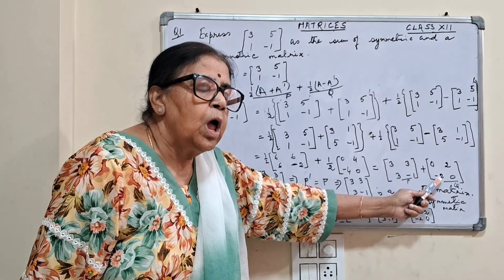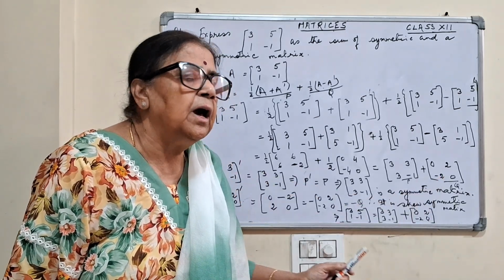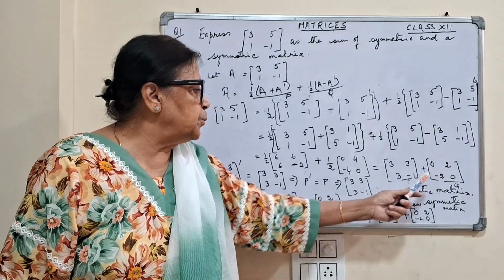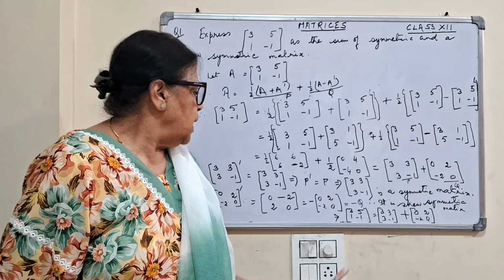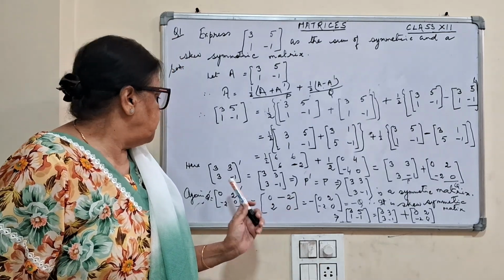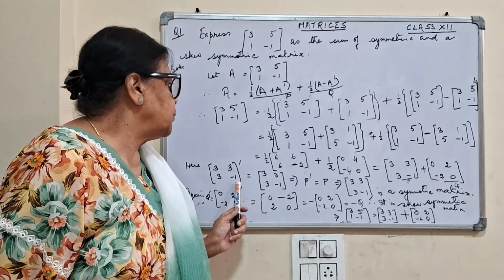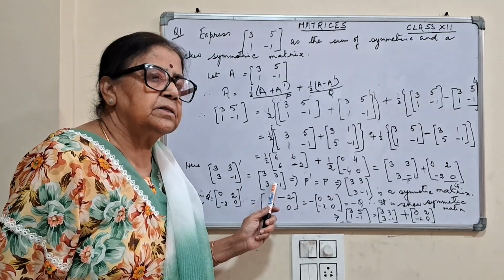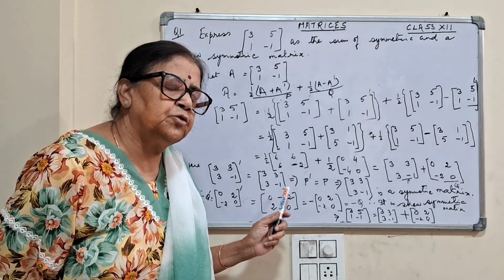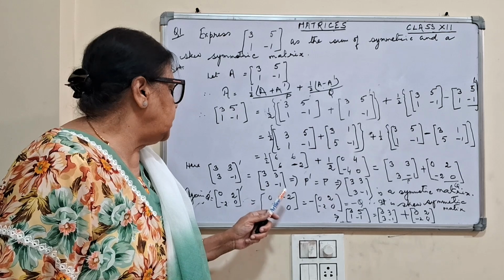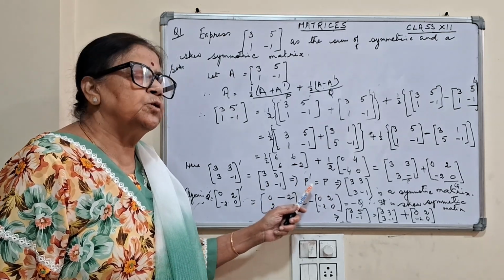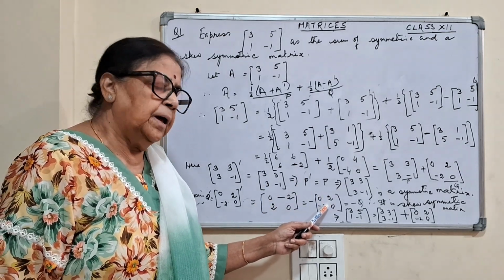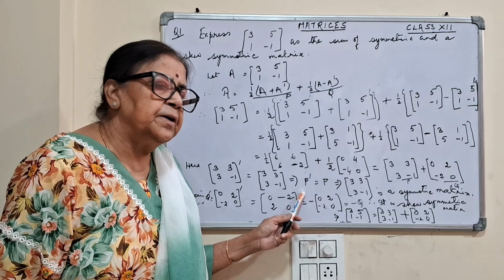Then I have to prove that this portion is P and this portion is Q. I have to prove this is symmetric and this is skew symmetric. Now this, I transpose. When I get this, I again get the same matrix [3, 3; 3, -1], that is P transpose is equal to P, that is a symmetric matrix.